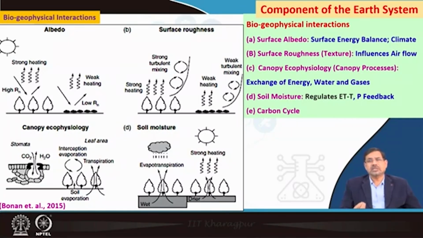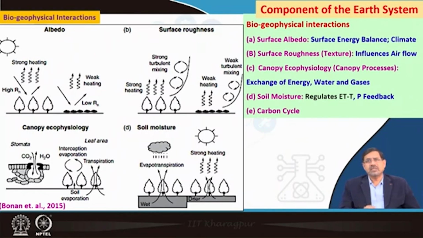The exchange by the vegetation, the plant leaf, of energy, water, and gases through the process of photosynthesis and through the process of transpiration happens at the canopy level through the pore called stomata.